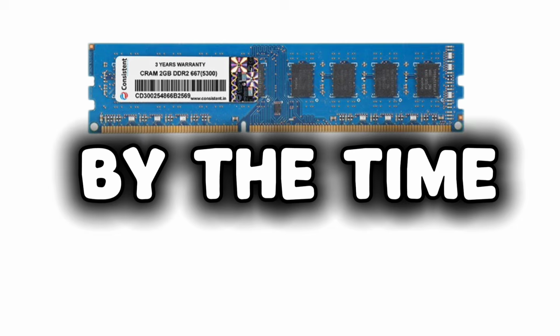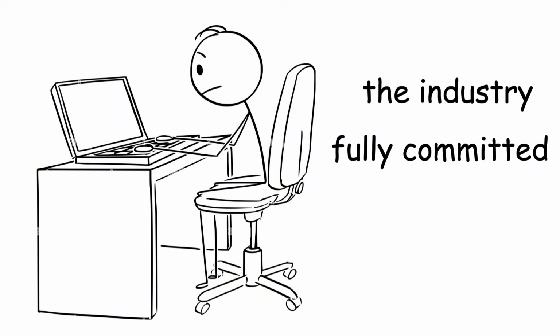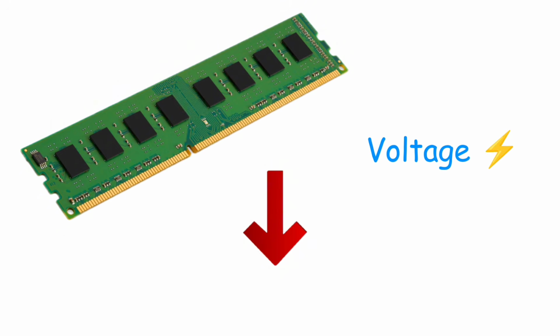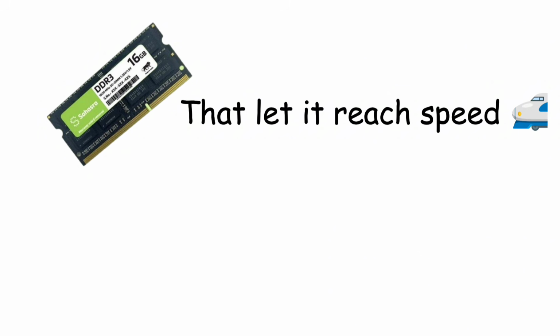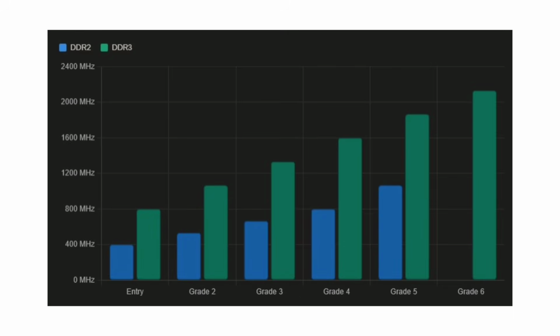DDR3. By the time DDR3 arrived in 2007, the industry had fully committed to the idea that power consumption mattered just as much as raw performance. DDR3 dropped voltage again down to 1.5 volts and expanded the prefetch buffer to 8 bits per cycle. That let it reach speeds between 800 and 2133 MHz, which was a massive leap.